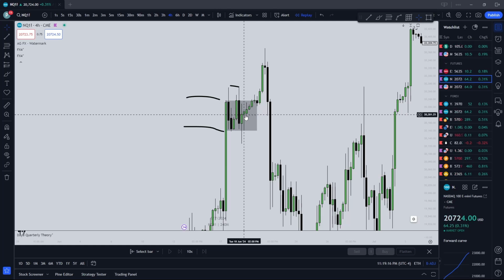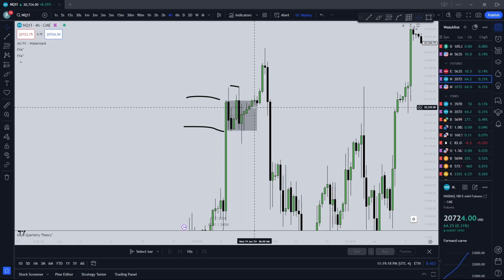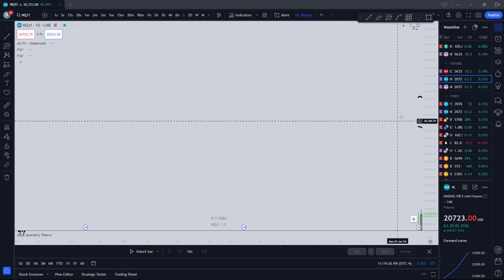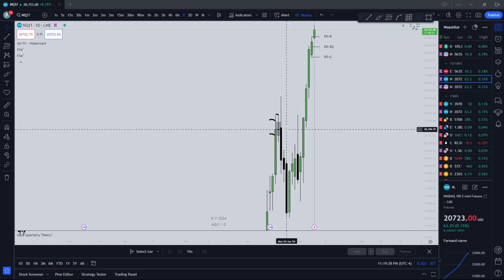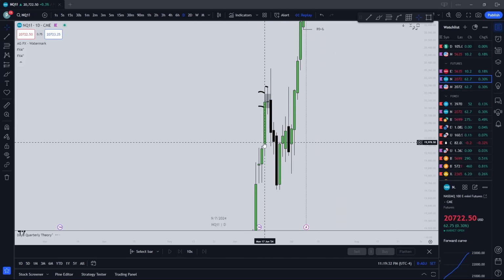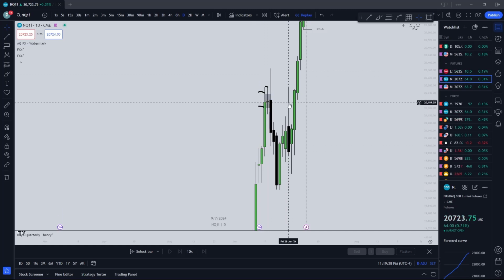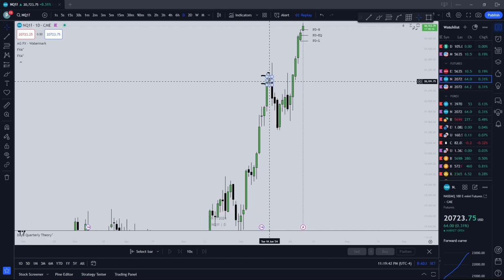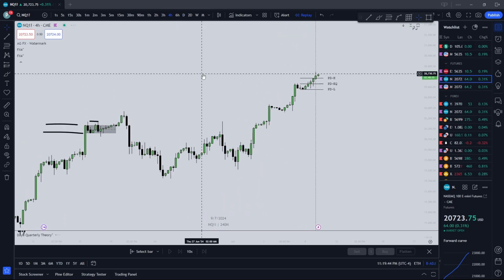So we have a whole day of accumulation and no real manipulation below the range, an accumulation of price into manipulation into a distribution. That's probably a daily CRT as well. I guess technically with an inside range, and then we deliver. I could be wrong on that, but it's pretty ugly.